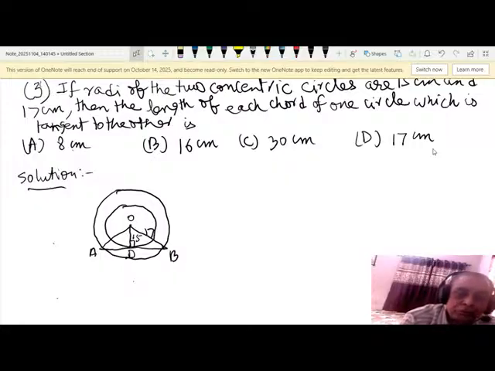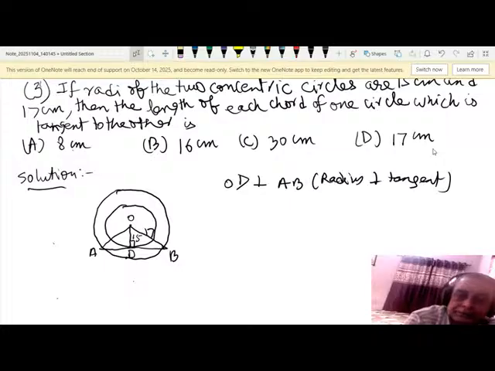Now here OD is perpendicular to AB. Reason: the radius is perpendicular to the tangent at the point of contact.